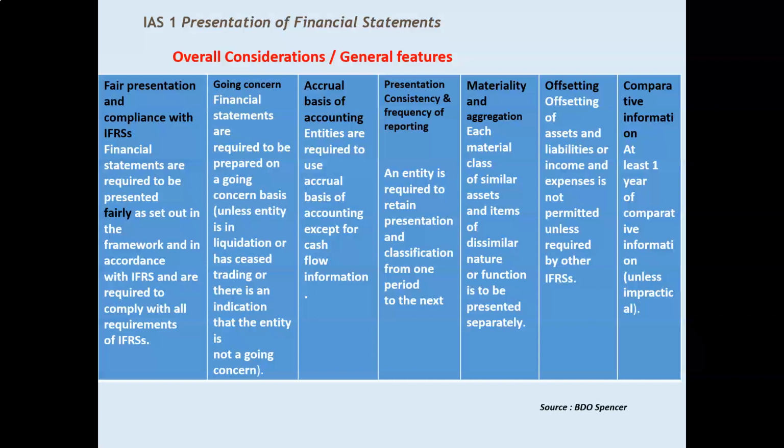Now, it is not a regular type of item in our books. We do not go and sell our non-current assets every day of the year. So therefore, the nature of the item is as such. It doesn't matter whether it's a big profit or small profit.